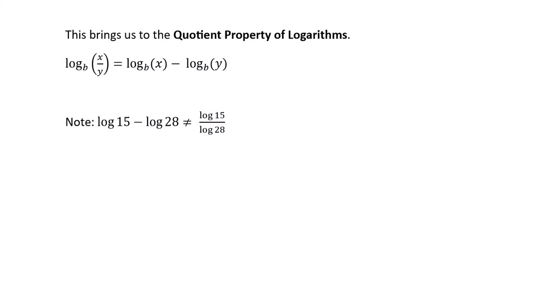If you wanted to use the quotient property of logarithms, this should be equal to the log of 15 over 28. Notice the single log and only the arguments have been divided in the quotient property of logarithms. You can verify this in your calculator as well, that these two expressions are in fact not equal.